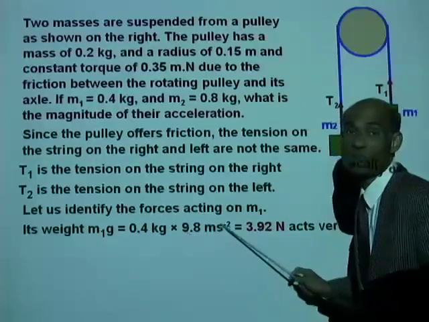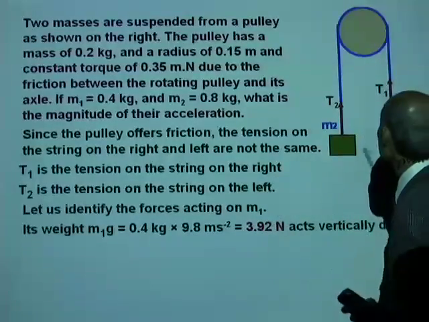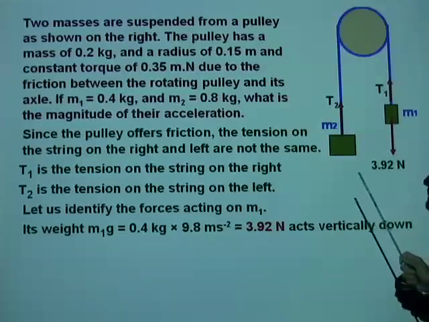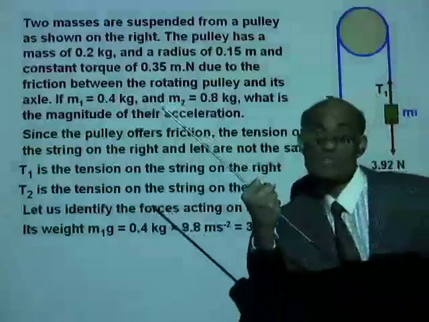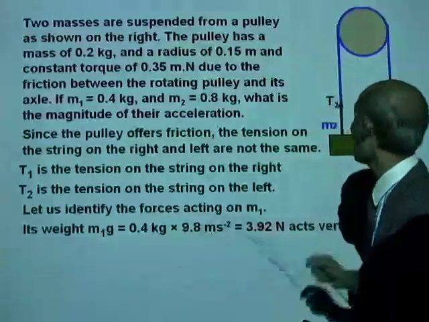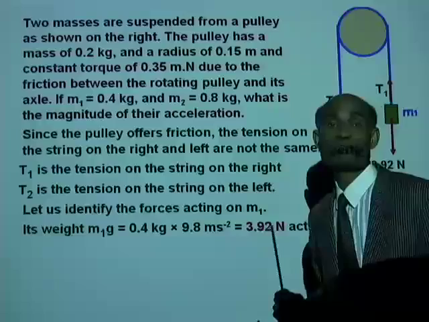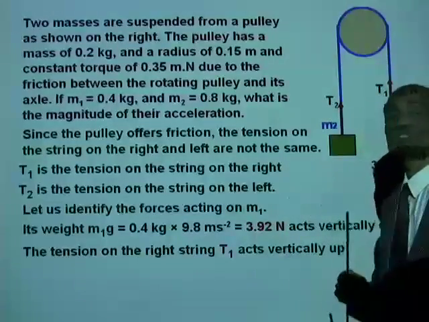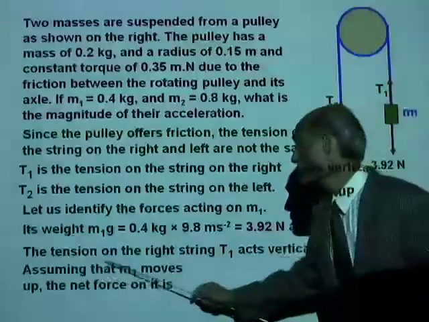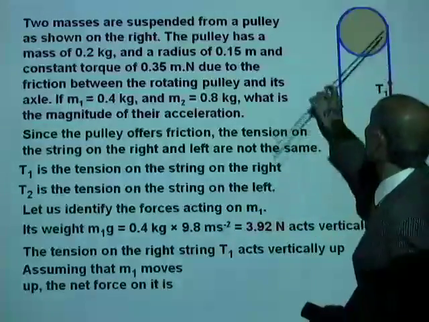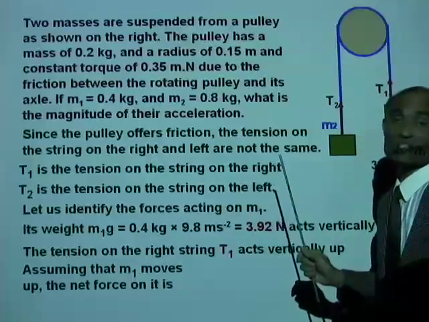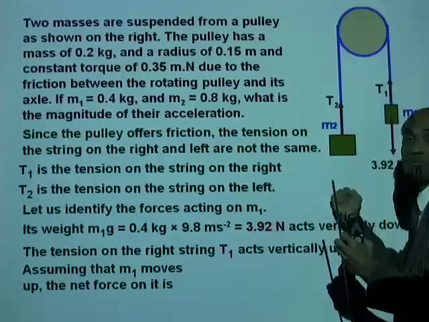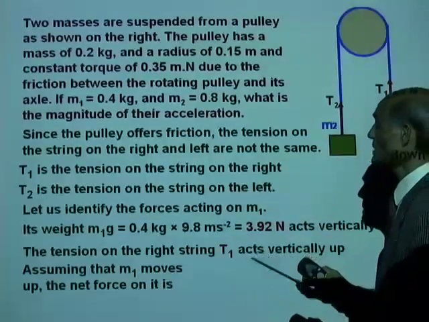Multiply that with g, you get 3.92 Newton, and that is acting vertically down on M1, and T1 is acting vertically up. Assuming that M1 moves up, that's what we had started with, because M2 is greater, we would assume that M2 will move down and M1 will move up.